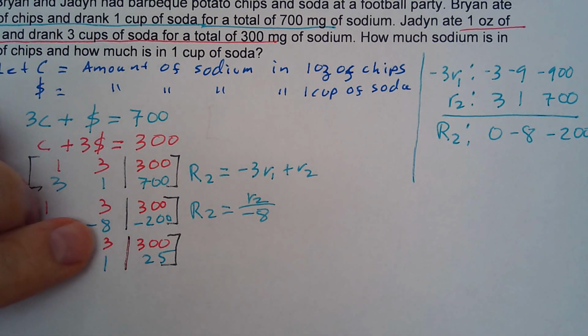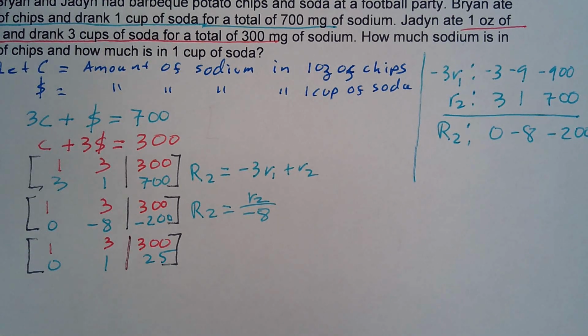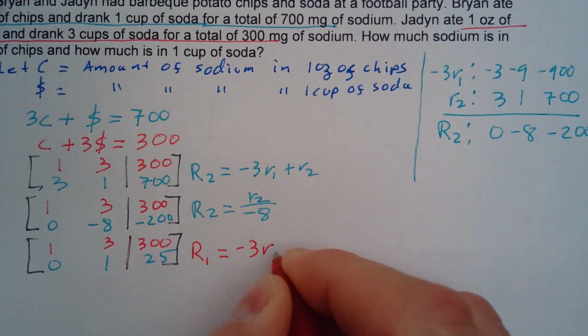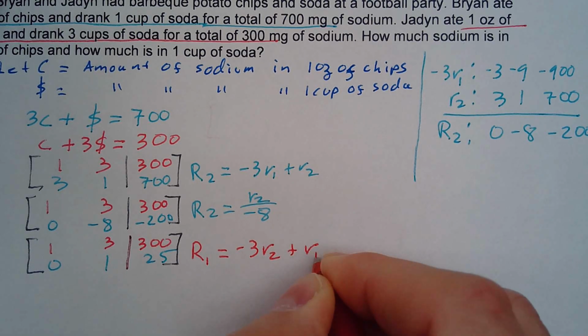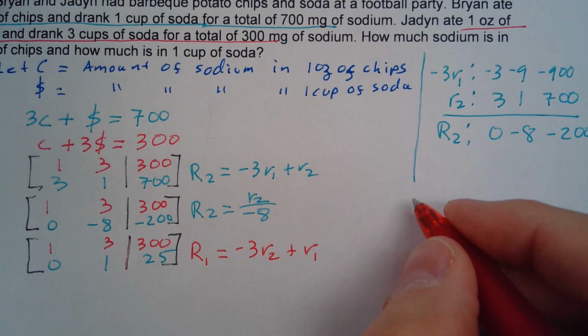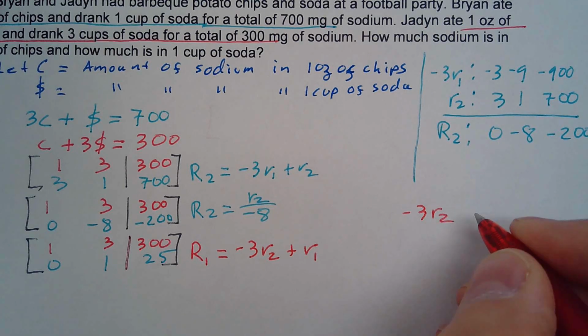And now finally I need to get a 0 here, so I'm going to multiply the second row by the opposite of 3 and add to the first row. So again, going off to my scratch paper here, I'm going to take -3 row number 2.